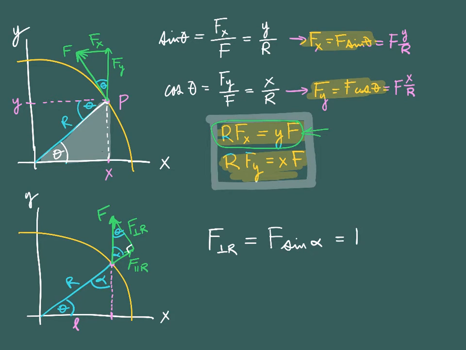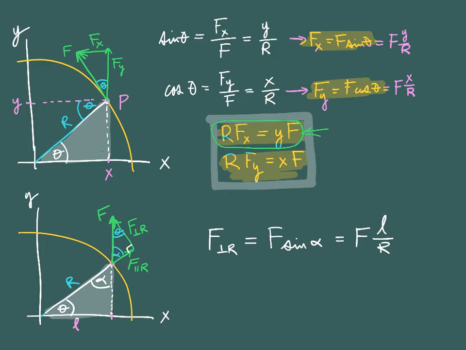But that's the same as F times L over R, because down here in this triangle I have the same angle alpha, and opposite alpha is the length L, which I'll explain why I went with L instead of X here in a minute, over R.